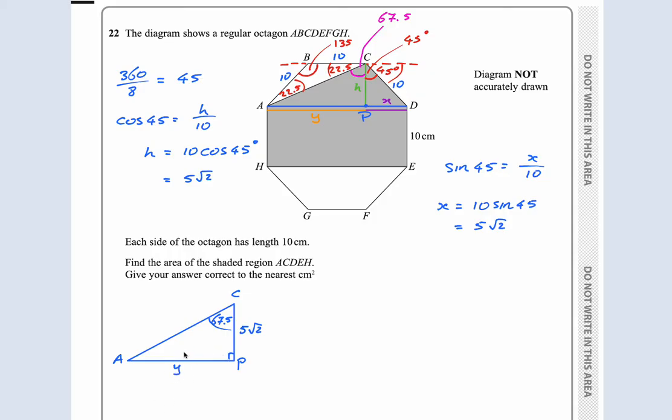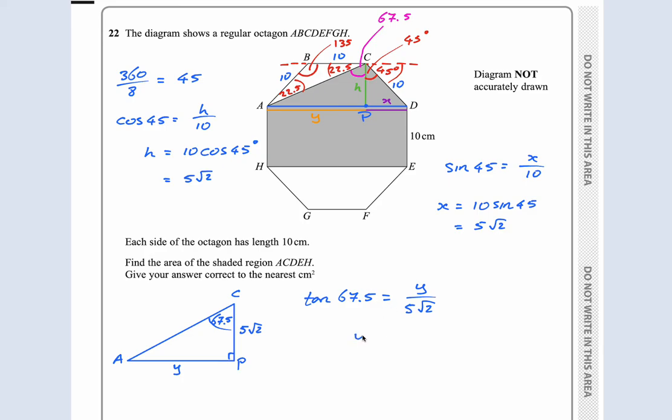And here I'm going to use tan because I want the opposite and I have the adjacent. So I'm going to say tan of 67.5, tan of the angle, is opposite over adjacent.